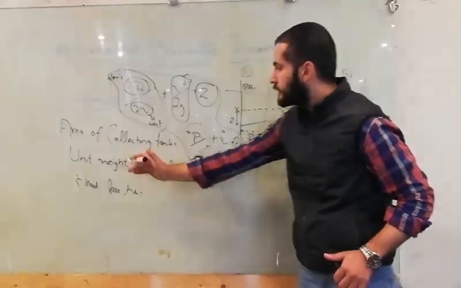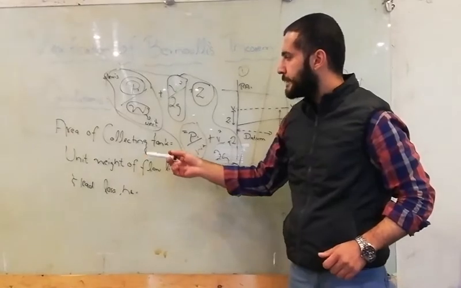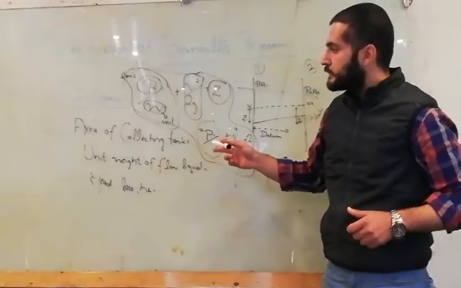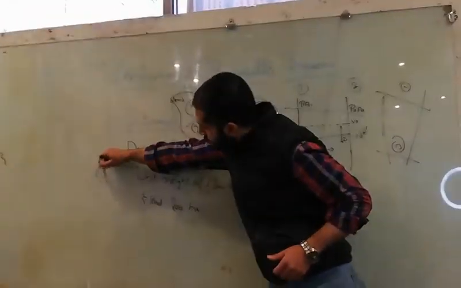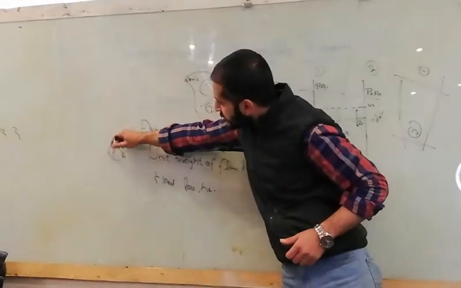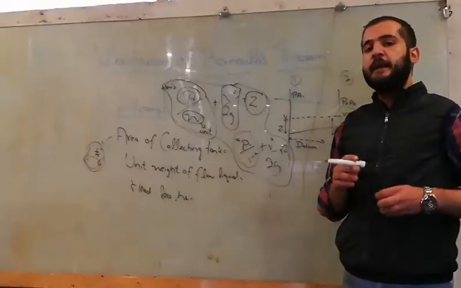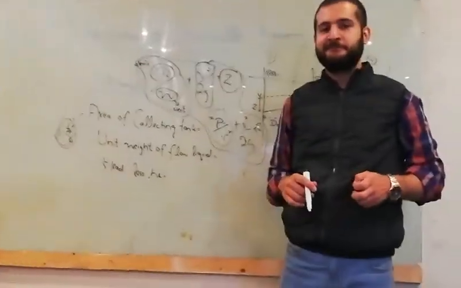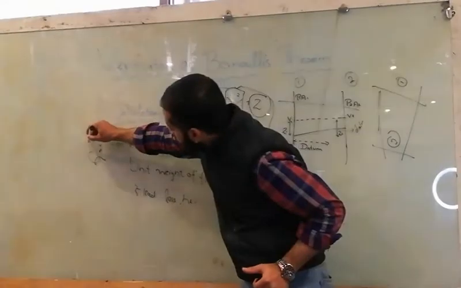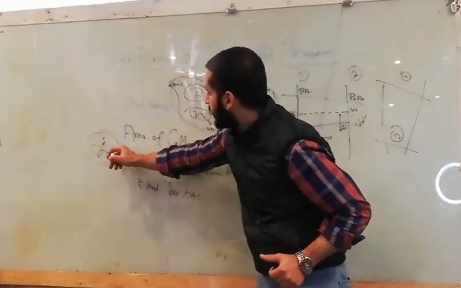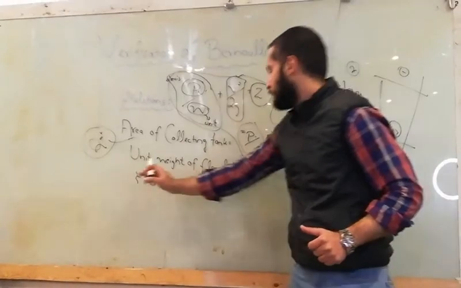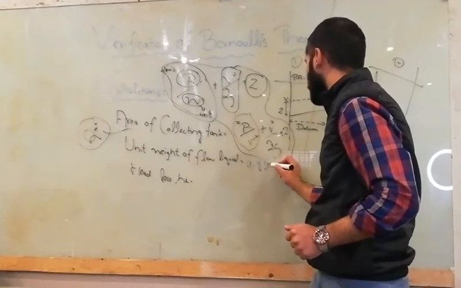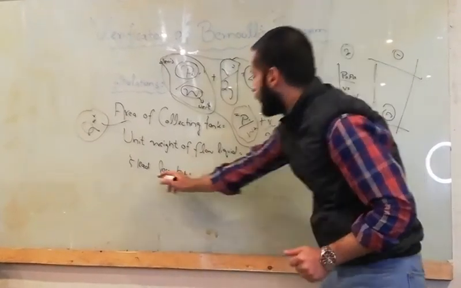Now coming back to the calculations, what we have to know is the area of the collecting tank. Basically, we are approaching the theoretical discharge, and remember that the actual discharge is going to be found using the area of the collecting tank, the unit weight of water, 9.8 kN per cubic meter, and the head loss H1.